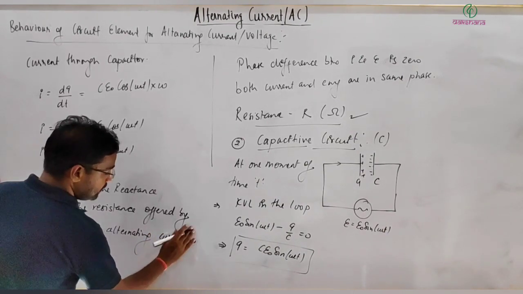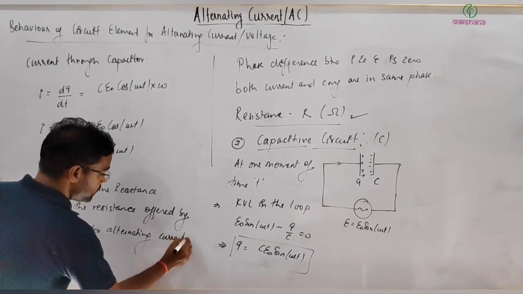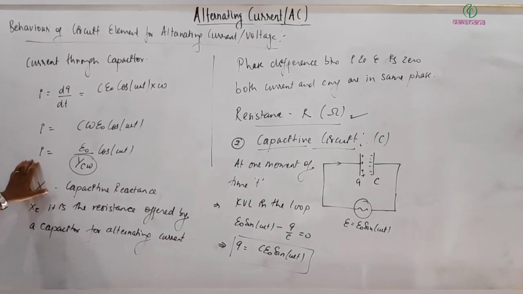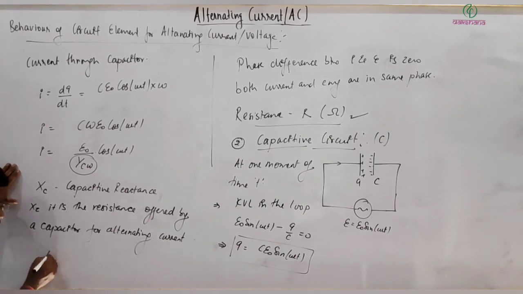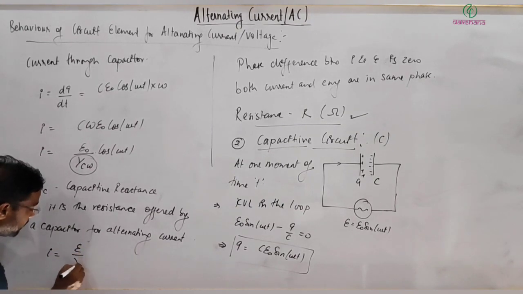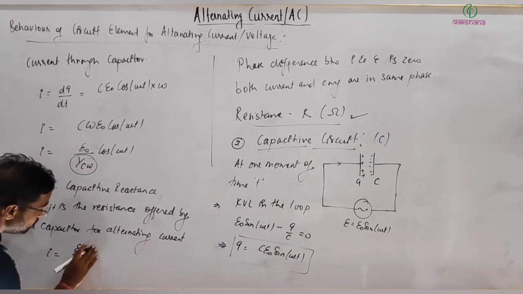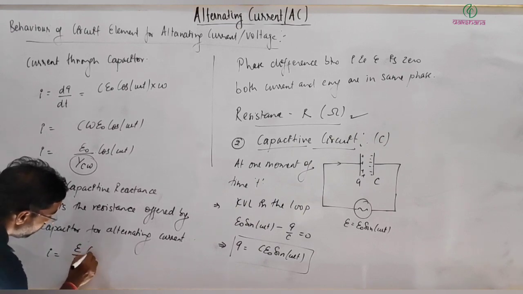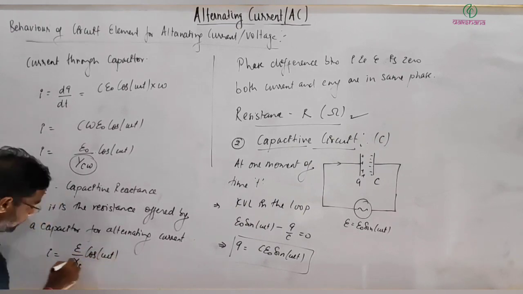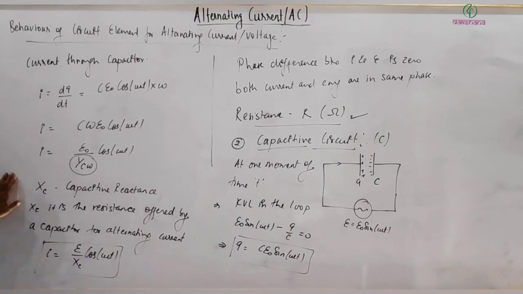And that way I can write I is equal to E divided by XC times cos of omega t. Clear? Okay.